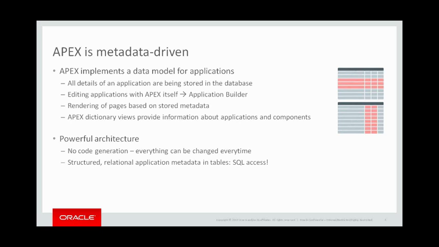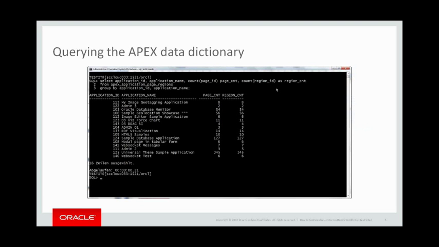Since Apex runs in the Oracle database, from a performance point of view, from a scalability point of view, Apex is as good as the Oracle database. And another huge advantage you get from a data dictionary is that you have structured access to your applications. And that's an uncountable advantage.